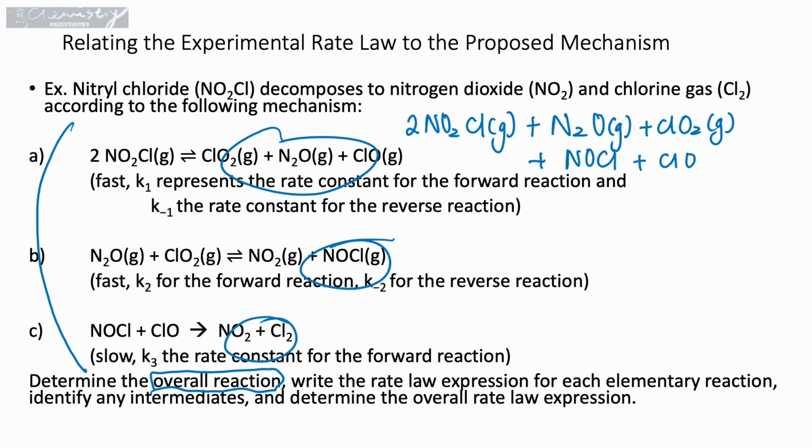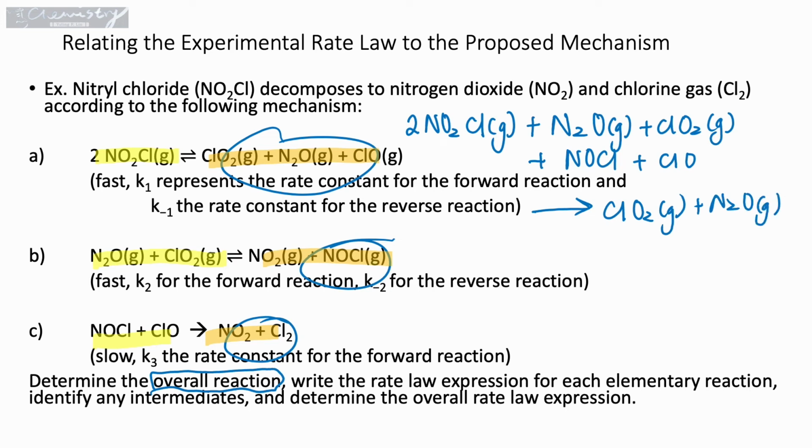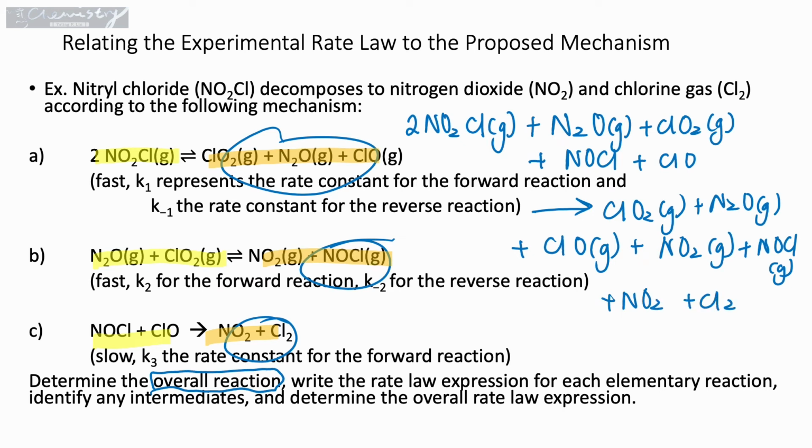Okay, so what I just did is these are the reactants, and this is going to become the products over here. So the products are going to be ClO2 gas plus N2O gas plus ClO gas plus NO2 gas plus NOCl gas plus NO2 plus Cl2. Okay, so now we have the reactants and also the products.